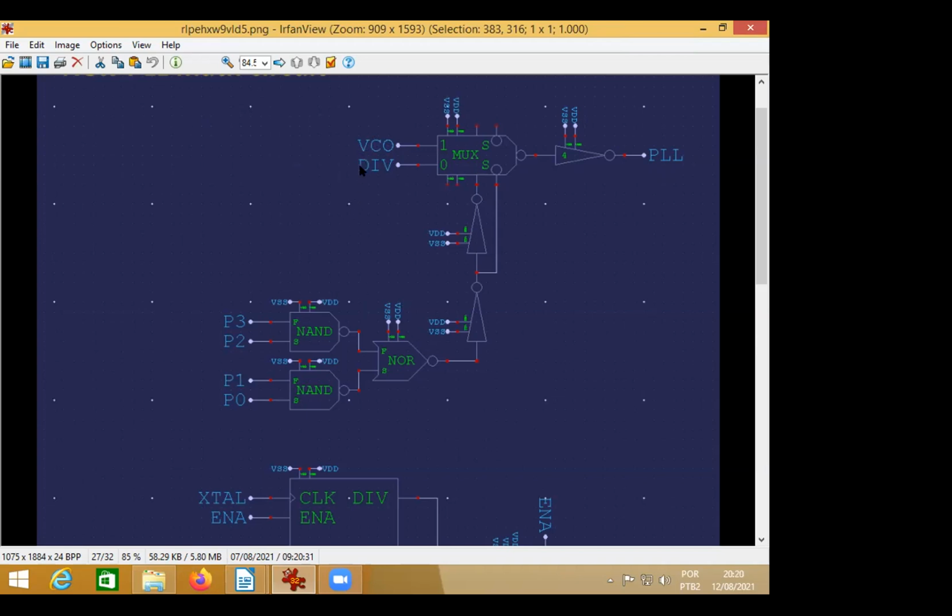So if you, and div will almost match the last bits of the CT counter, because both are clocked. But one of them is clocked by the VCO, and the other is clocked by that signal. So while you are clocking at slower frequency, the output of CT will be toggling at slower frequency.